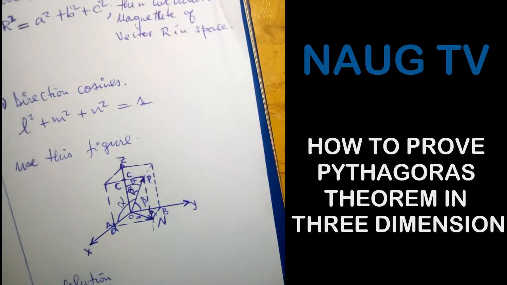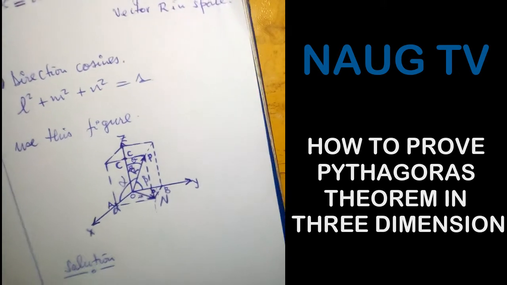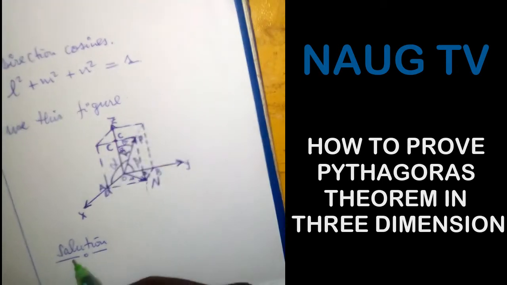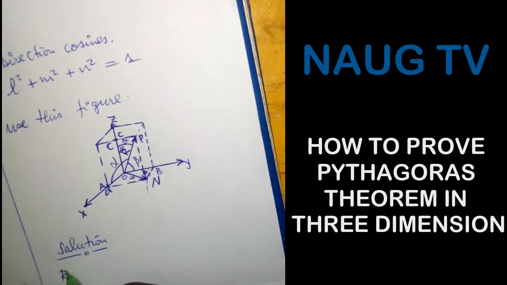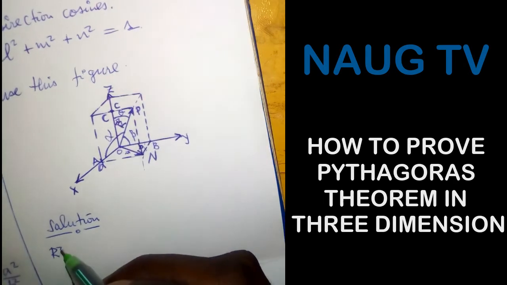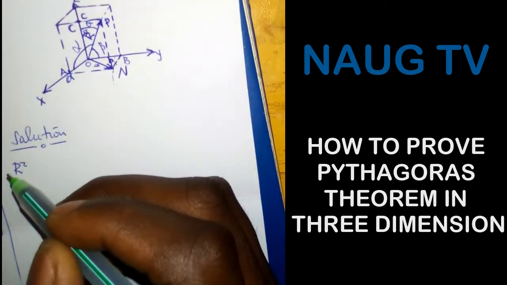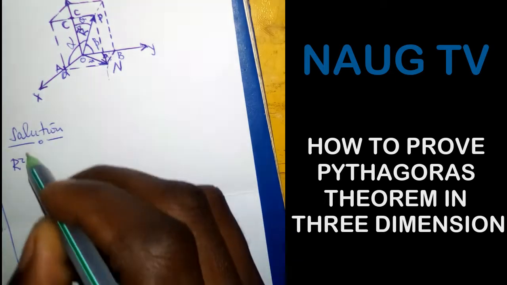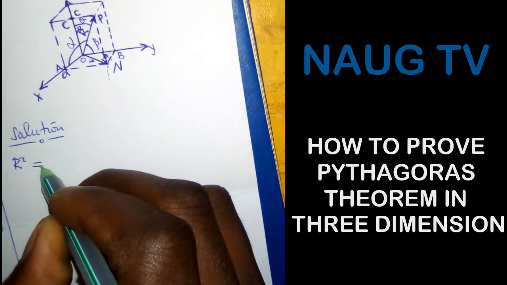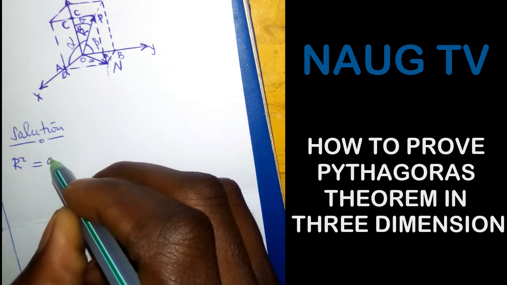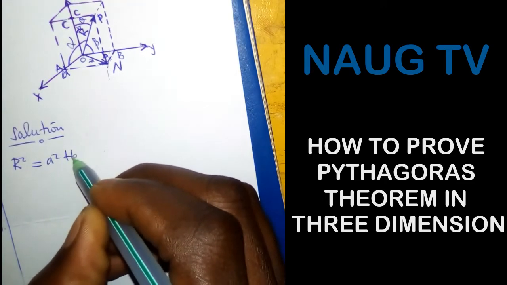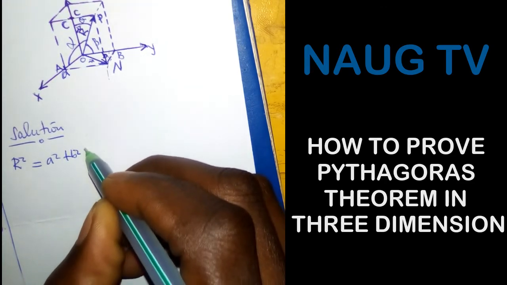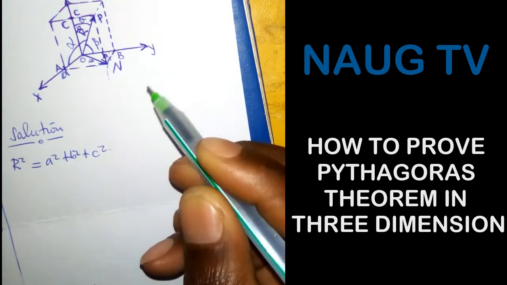We have to prove that r squared equals a squared plus b squared plus c squared.